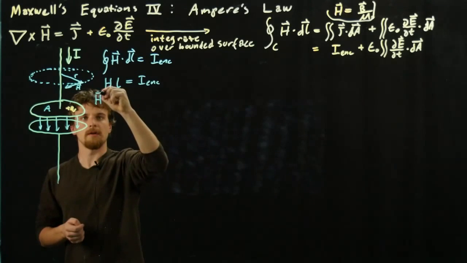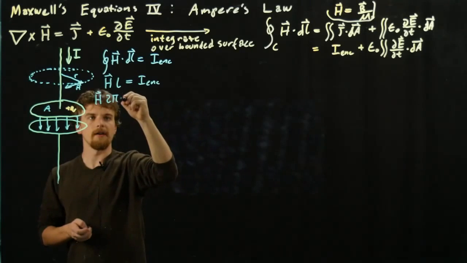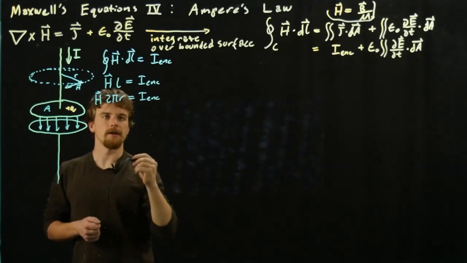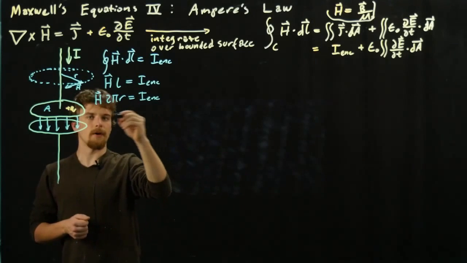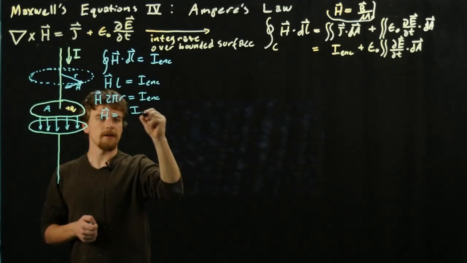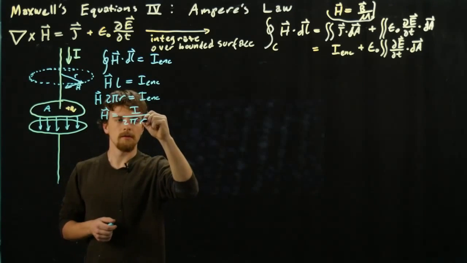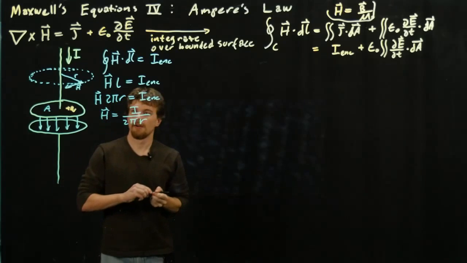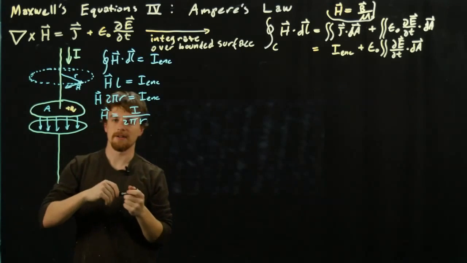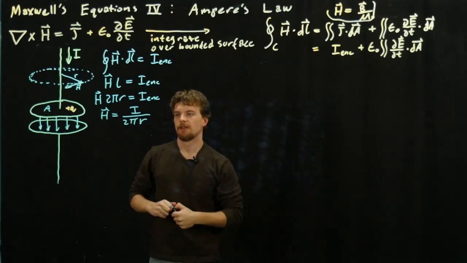So this becomes H times 2 pi r equal to I enclosed, or H is equal to I divided by 2 pi r. So that gives us, regardless of where along this wire we put this surface, the H field at the outside edge. And what did we say the direction was?